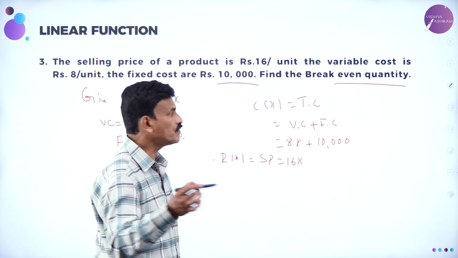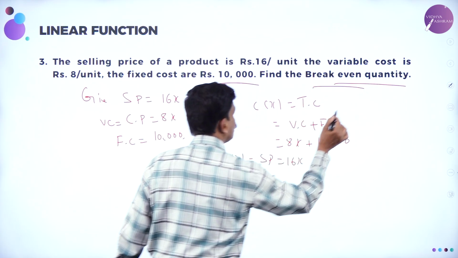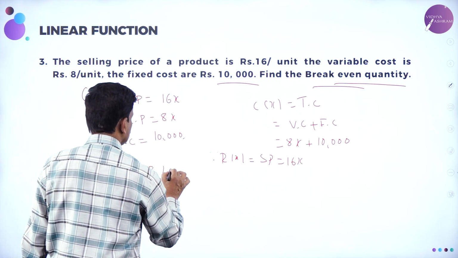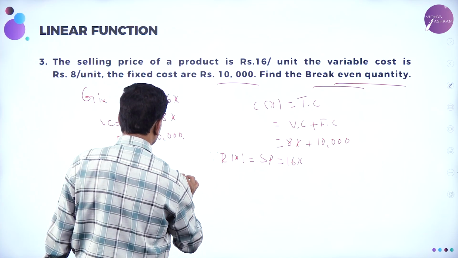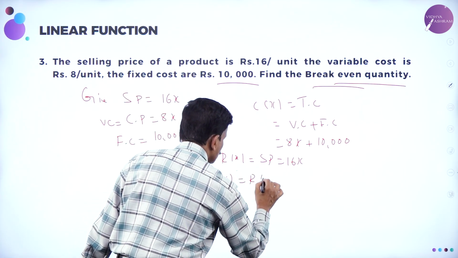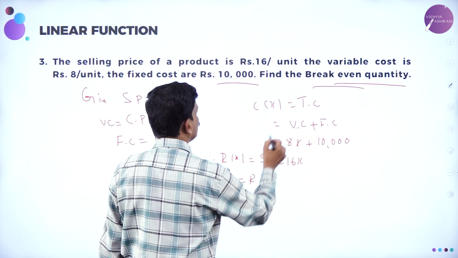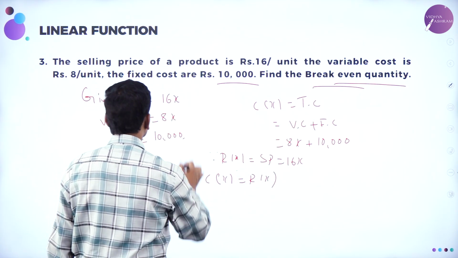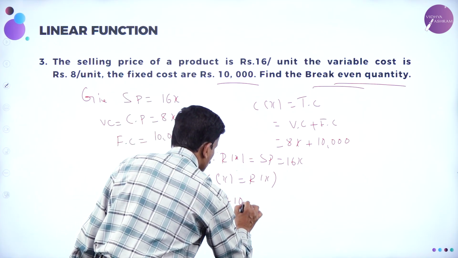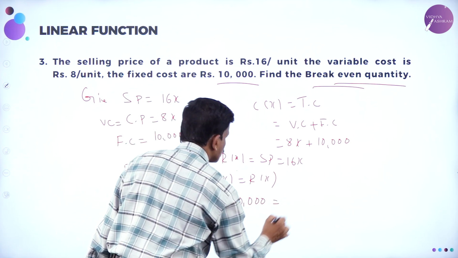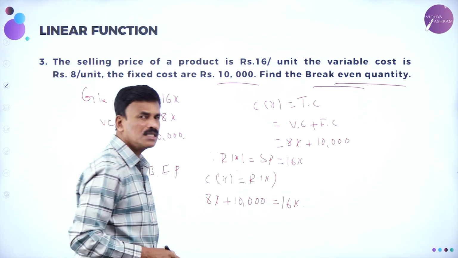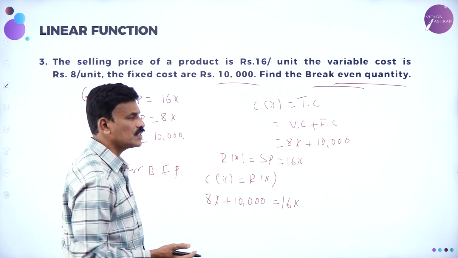Now, what is required to find? Break even point. So, for break even point, for break even quantity, C of x is equal to R of x. What is C of x? C of x is nothing but 8x plus 10,000 is equal to R of x. R of x is nothing but 16x. Simplify this, you will get the value of x, that's it.